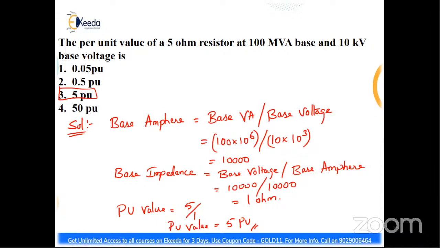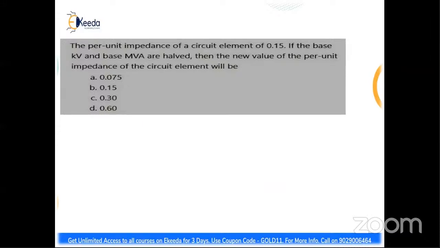Next, the per unit impedance of a circuit element of 0.15, if the base kV and base MVA are off. So this is a very important point here. If the base kV and base MVA are off, then what will be the new value of the per unit impedance of the circuit element?